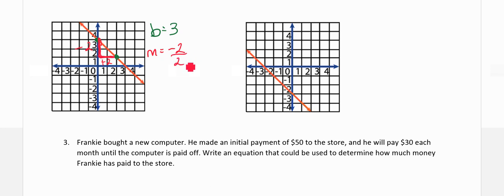And of course, I can always just look at my line: if I run my pencil from left to right, my pencil would be falling, or I would have to drag my pencil down, so that makes my slope negative. So my slope is -1. To write this as an equation, I have y equals, I won't write -1x, I'll just write -x plus 3.